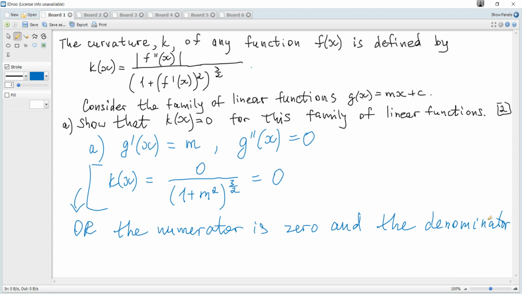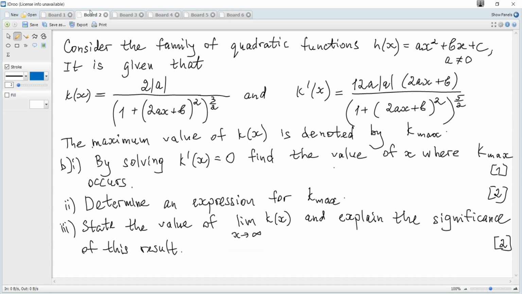But when it is 0 over some value which is not 0, the answer is 0. The numerator is 0, and the denominator is not 0, so k of x is 0 as required.